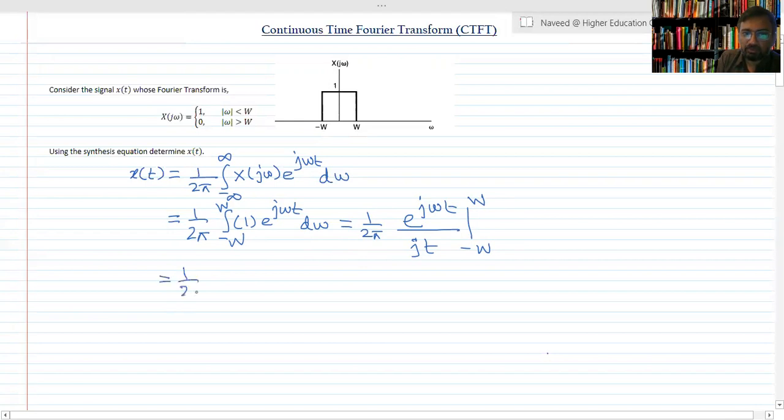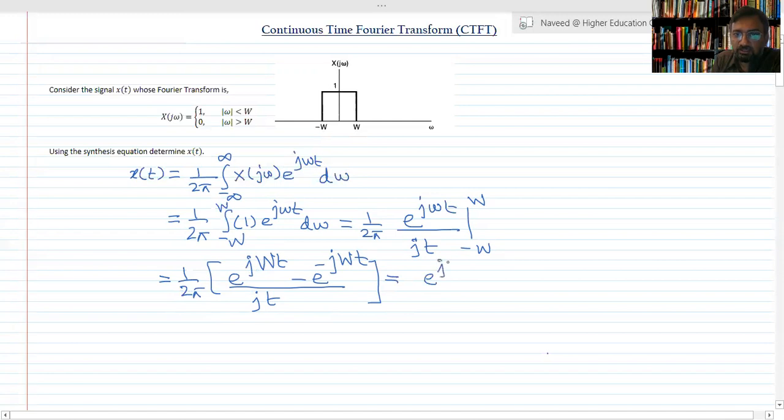So 1 over 2 pi times (e^(jWt) minus e^(minus jWt)) divided by jt. And here we can see that if I bring this 2 inside and take this t outside, then we can get a sine.